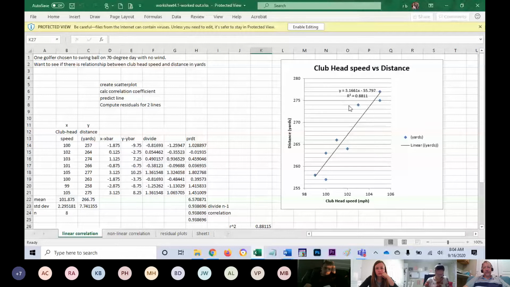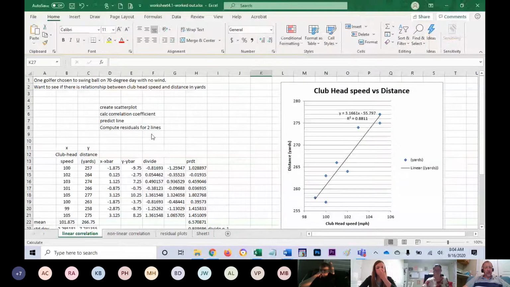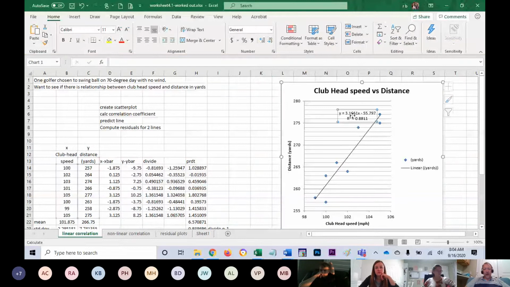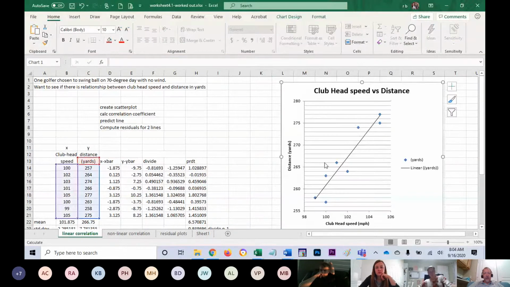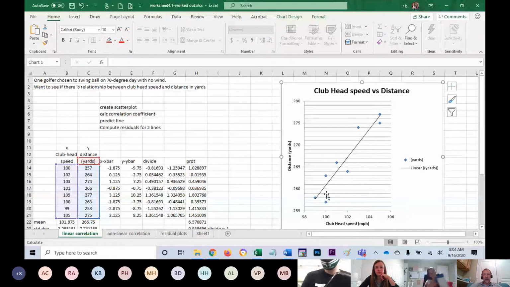Oh, this one's already, actually, this has got more than we bargained for. So the idea here is you can add what we call a regression line onto your graph.